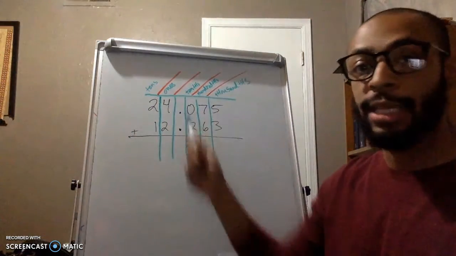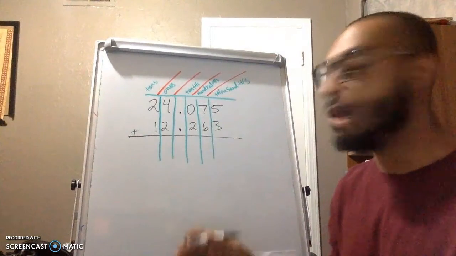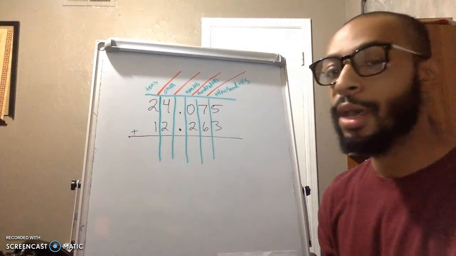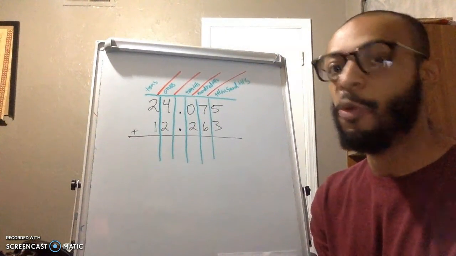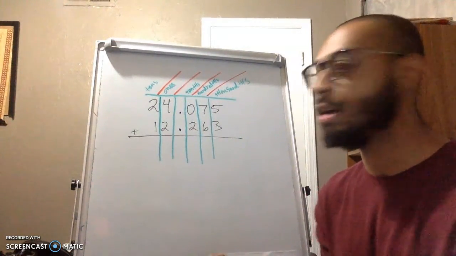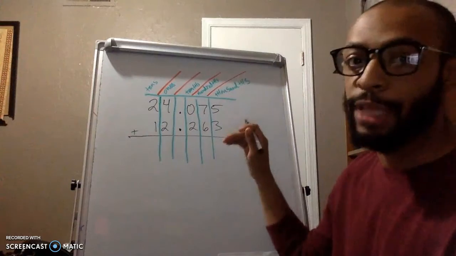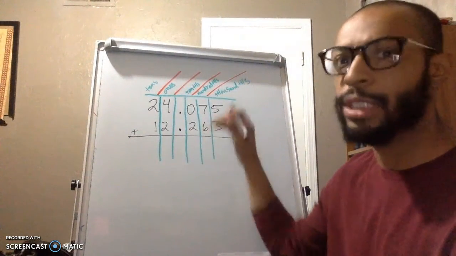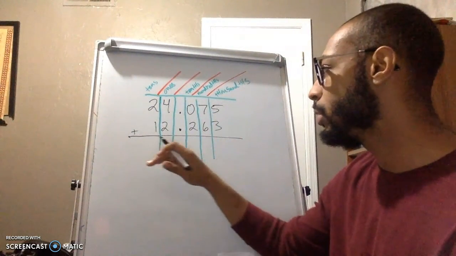I drew these lines to illustrate that we want to keep these numbers in the same columns because, like I discussed before, we want to combine like terms, the numbers in the same place value holders.